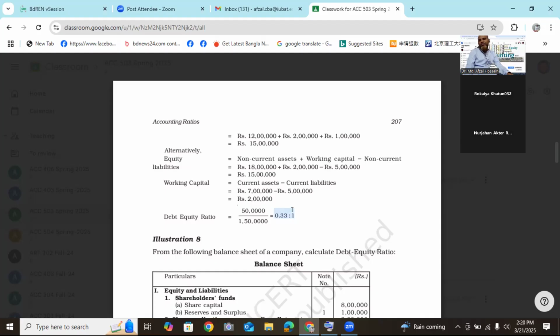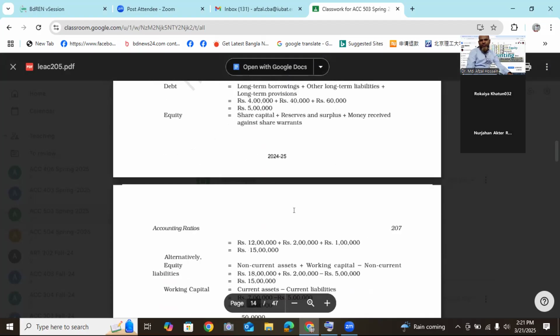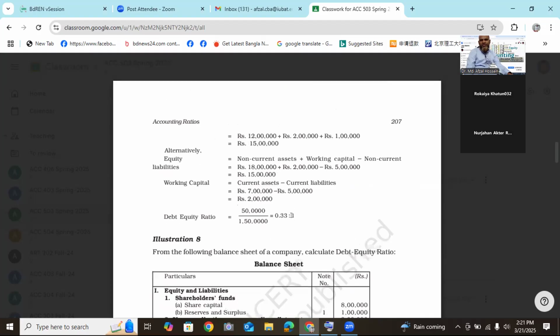How do you interpret this result, 0.33:1? I think it's quite satisfactory because against equity, your debt is only long-term debt, not short-term debt.